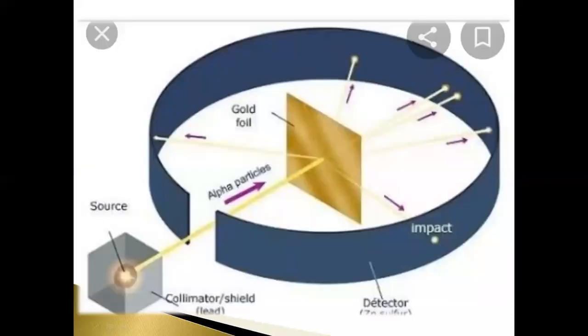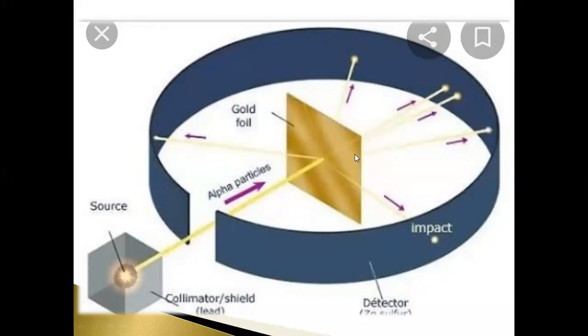So the conclusions which he drew from his experiment are, as I told you, that he used the source of alpha particles, then the alpha particles pass straight through, you can see this is the screen. Through the screen opening they pass and then they fall on the gold foil, and most of the particles pass straight and then strike the screen.